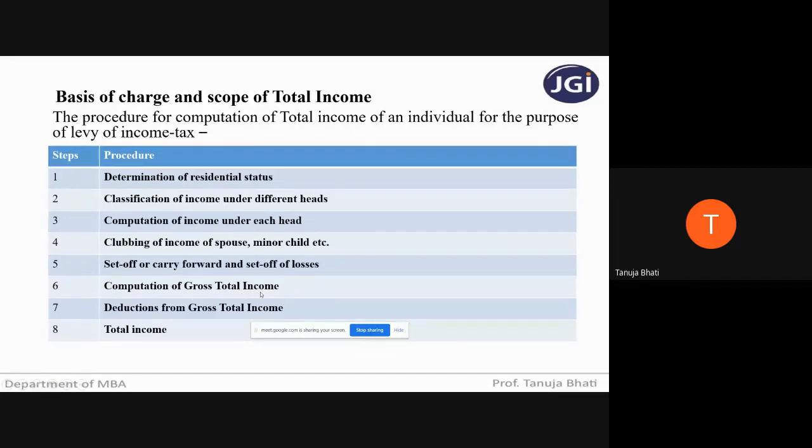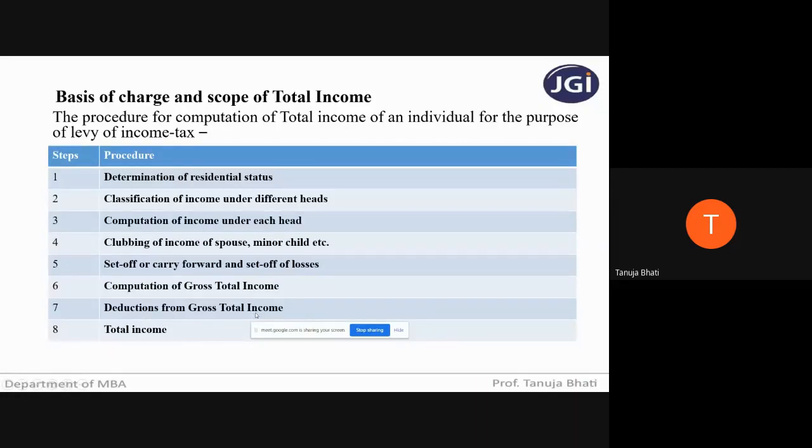Now, what the government is saying is that you need not pay tax on the gross total income. I will give you certain deductions. When I'm talking about deductions, deductions means minus, means reduction. So suppose my gross total income is 20 lakhs. The government says you need not pay tax on 20 lakhs. I will give you certain deductions, and you pay tax on a lesser amount. So the seventh step is to apply the deductions from gross total income.